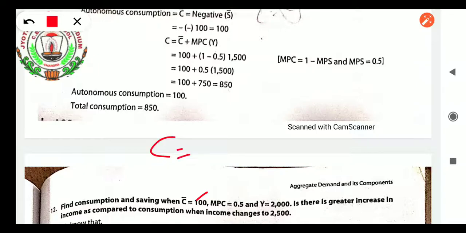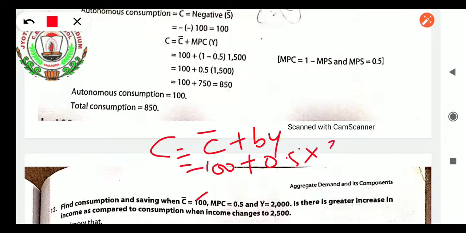So we want to find C, and whether there is a greater increase in income as compared to consumption when income changes to 2500. First we will take the consumption in this particular line. C equals C bar plus MPC into Y, C bar is 100 plus 0.5 into 2000, equals 100 plus 1000, 1100.